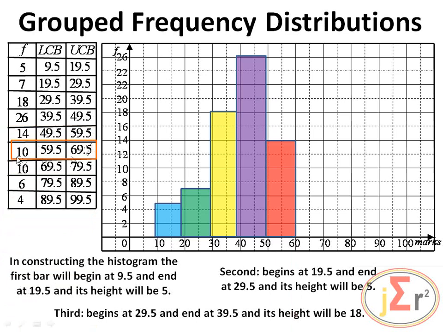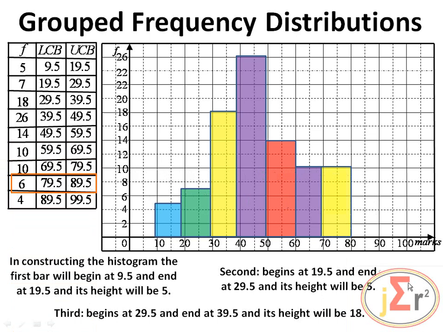And this one will end at 69.5, beginning where the previous one ended, and its height is 10, as we can see there. And of course we have two 10 bars, one next to it, right?